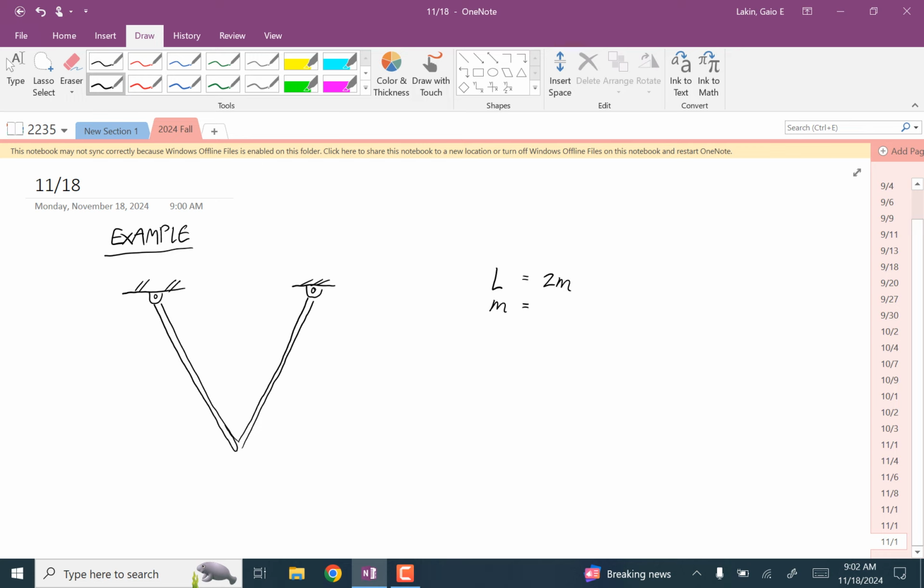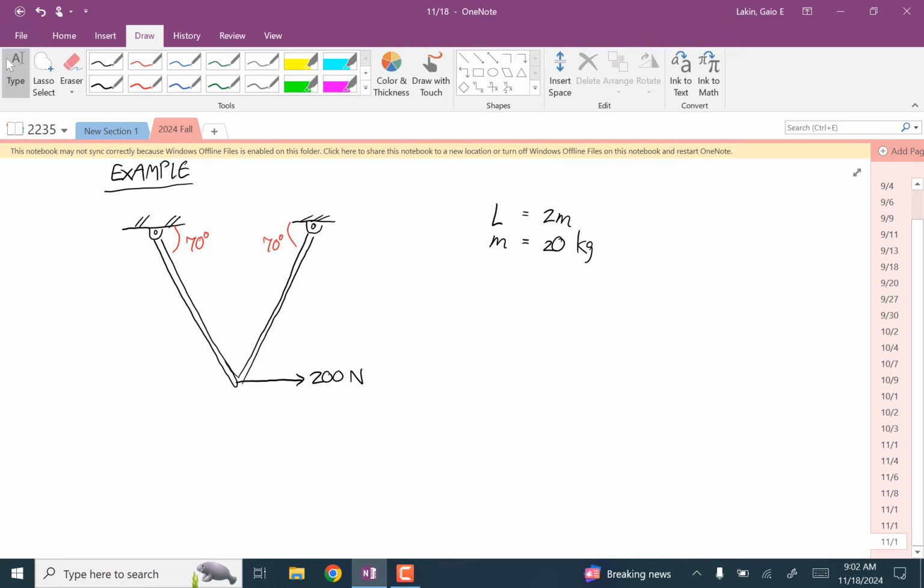The mass of each one is 20 kilograms. The angle for each one is 70 degrees. And there's an applied external load of 200 newtons that way. And we want to calculate the internal loads in each one of these.